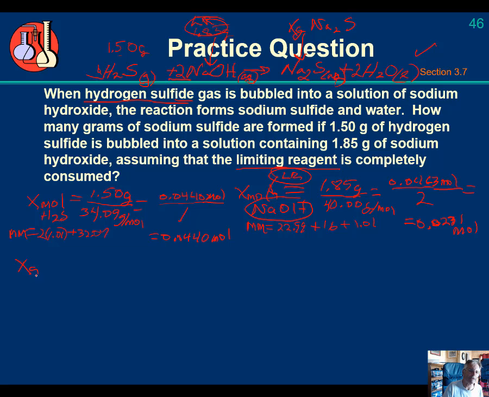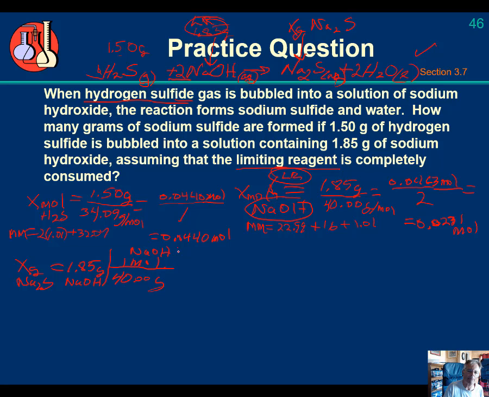So X grams of Na2S equals 1.85 grams, and this is the sodium hydroxide. It's my limiting reactant. We're going to go ahead and divide by the molar mass, which is 40 grams per mole, grams for every 1 mole of NaOH.